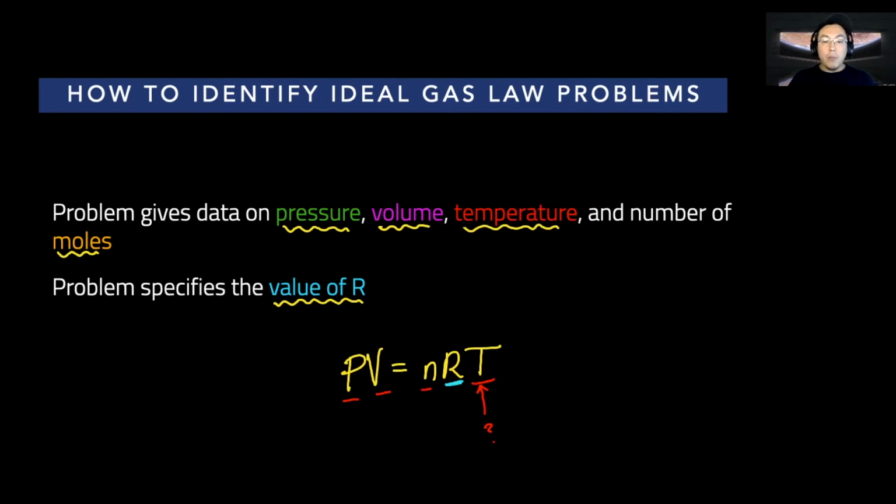So for the other 3, you will probably be given clues or hints about what they are, right? For pressure, remember, it could be at standard pressure, or basically given a number for pressure, right? Same for the others. So the way that we're going to approach this is first identify the variables that you're being given, and then substitute them in the equation, and then you solve for x.